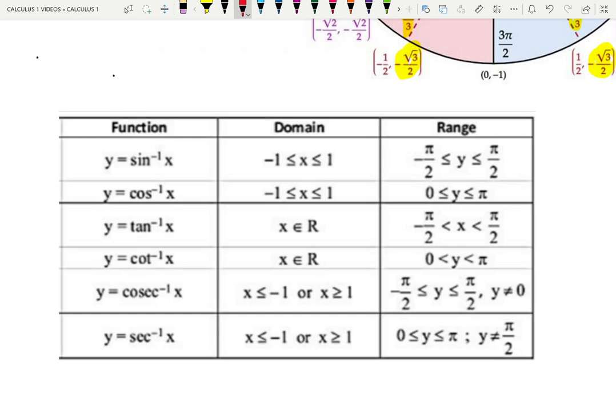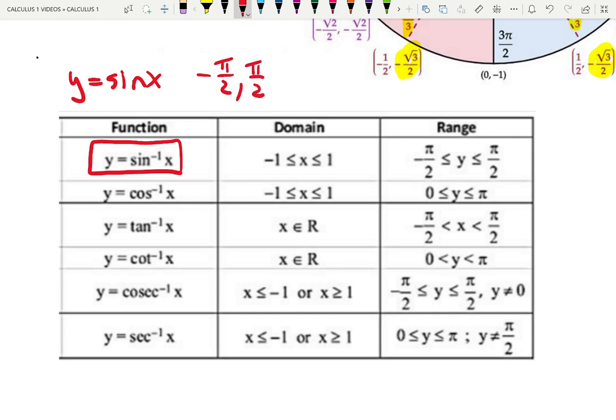Thus, the sine function itself has to be restricted in order to have the inverse function arcsine. The restriction will be from minus pi over 2 to pi over 2. Since it is the domain for the original function, it becomes the range for the inverse function.